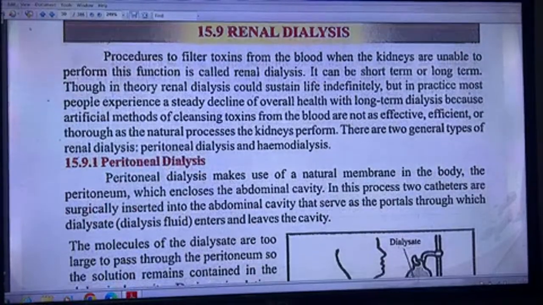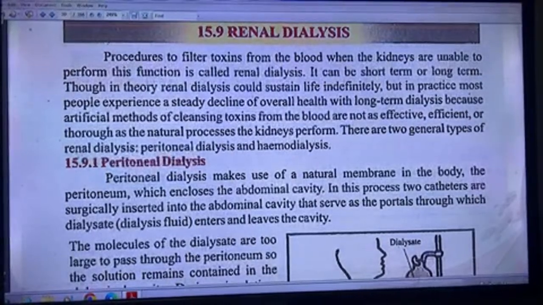Renal dialysis. The procedure to filter toxins from the blood when kidneys are unable to perform this function is called renal dialysis. It can be short term or long term.